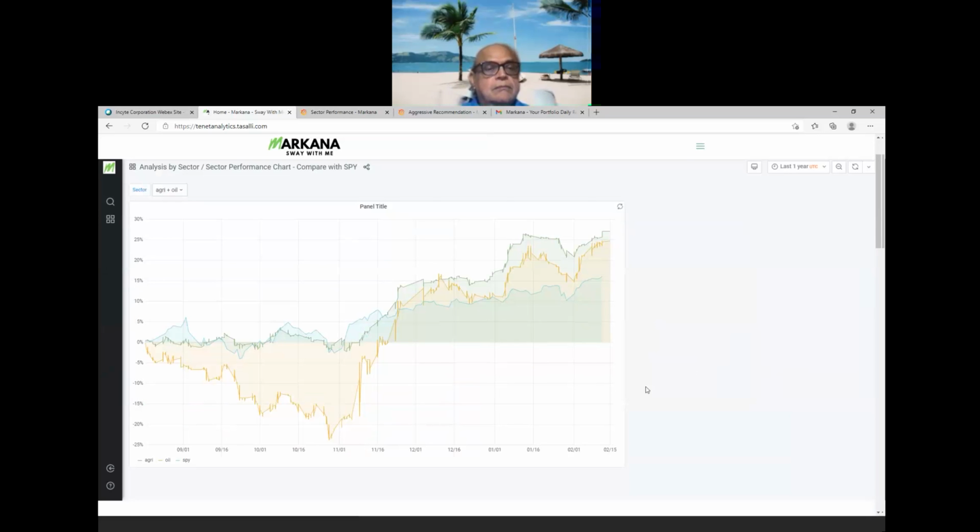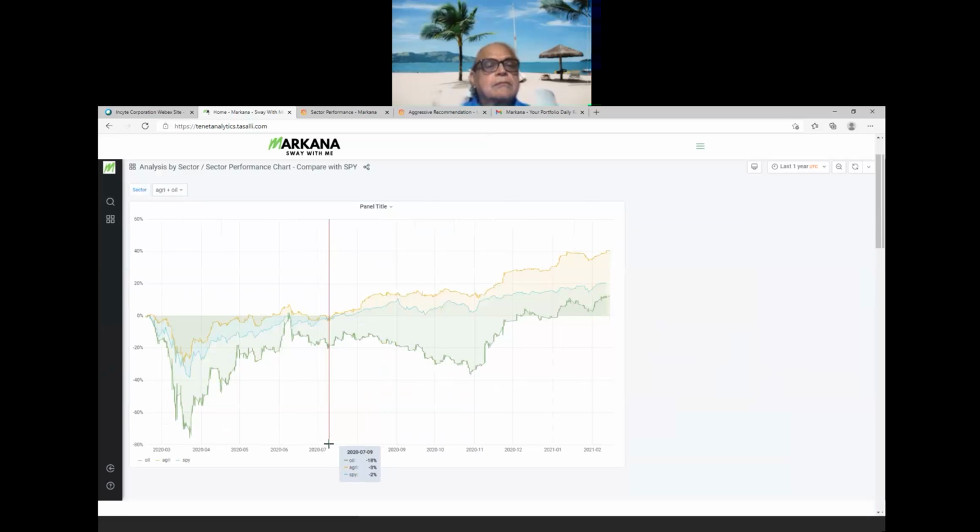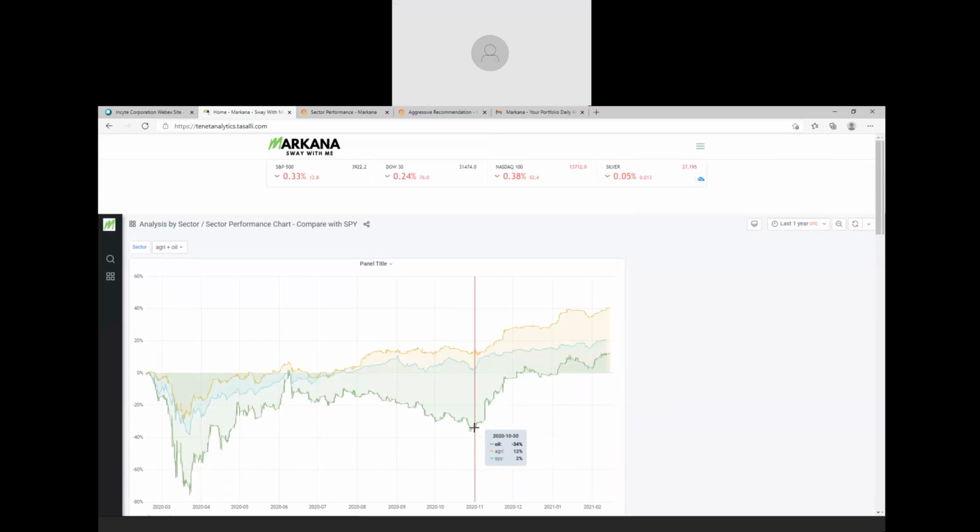Okay, so you see what happened here. So this is oil. The green line is oil. No, green line is SPY, sorry. Let's take agri out.